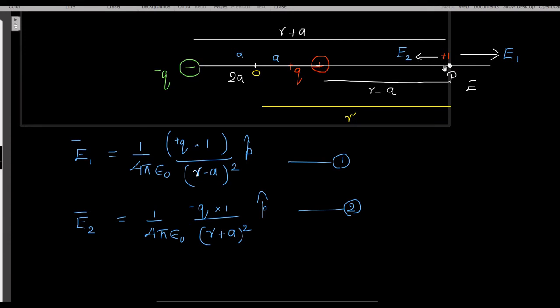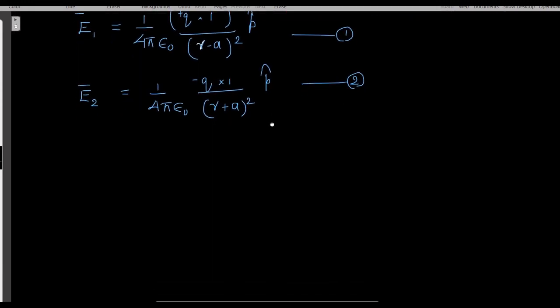So there must be a net force acting away from P along the direction of the larger force, which is E1. So the resultant force E can be represented as, this is the resultant force, E1 in this direction, E2 in this direction. So the unit vector must move towards E1, towards the larger force.